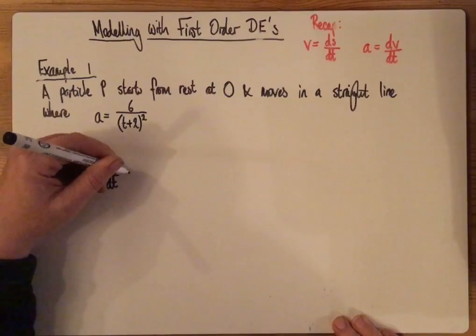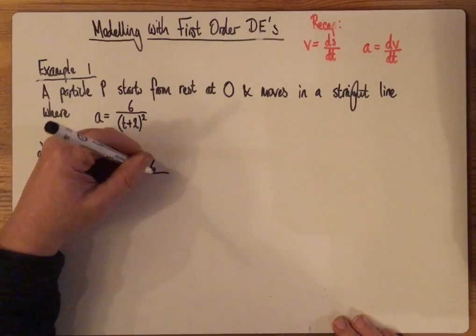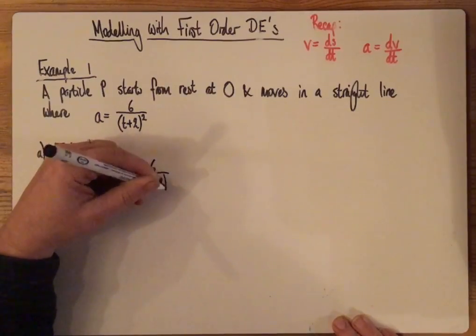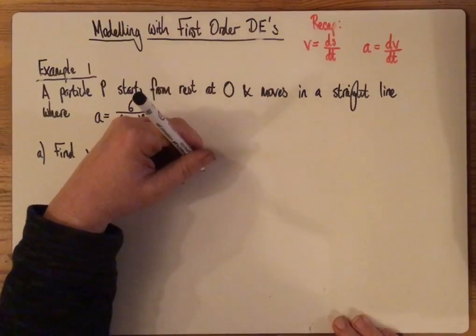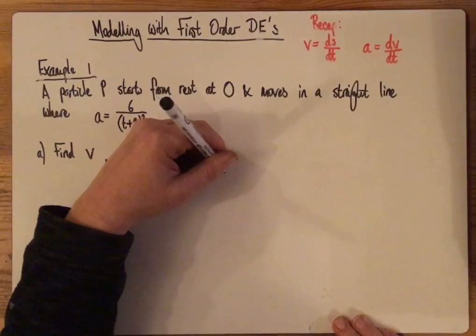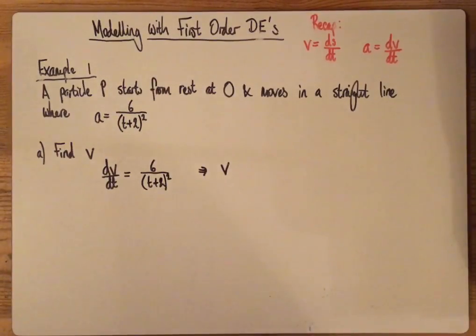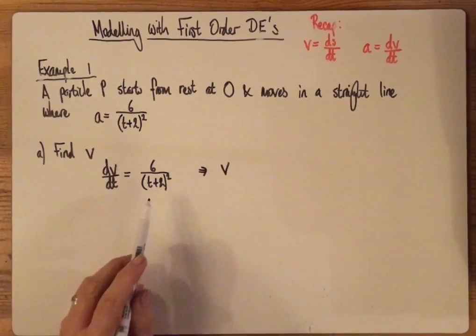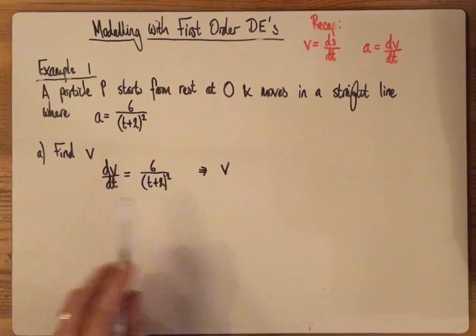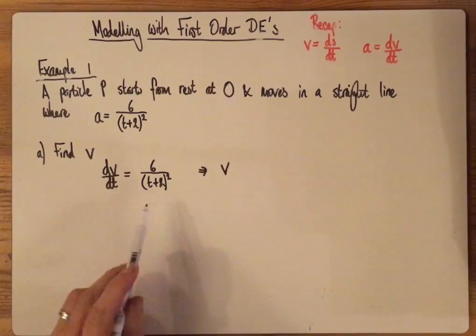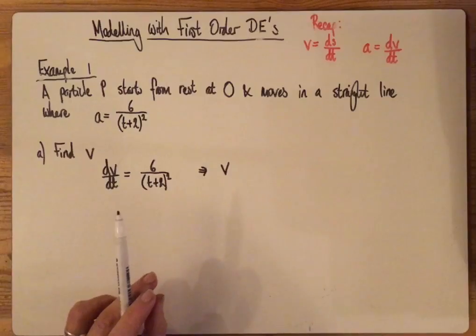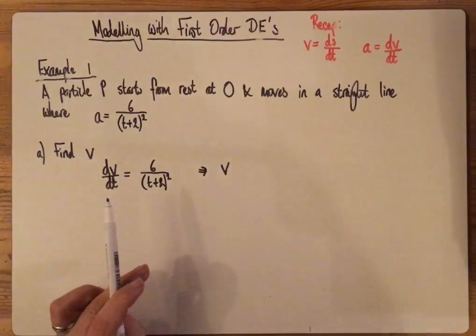You'll notice we'll have a few variable changes with these questions as well, but you'll get used to that. Just check your variables. I've only got t's on this side. If I integrate both sides with respect to t, I don't have to separate the variables on this question.